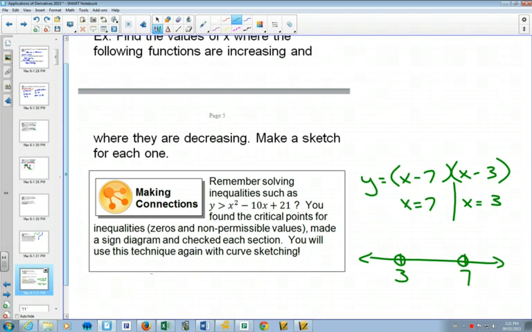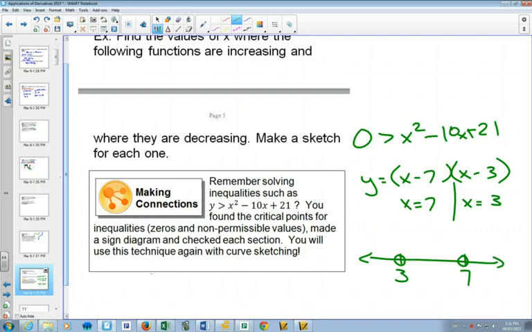The way this would be read, x squared minus 10x plus 21 is less than 0.